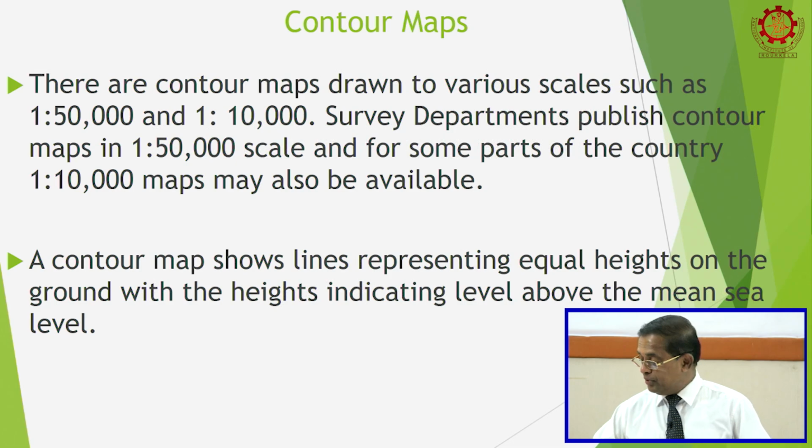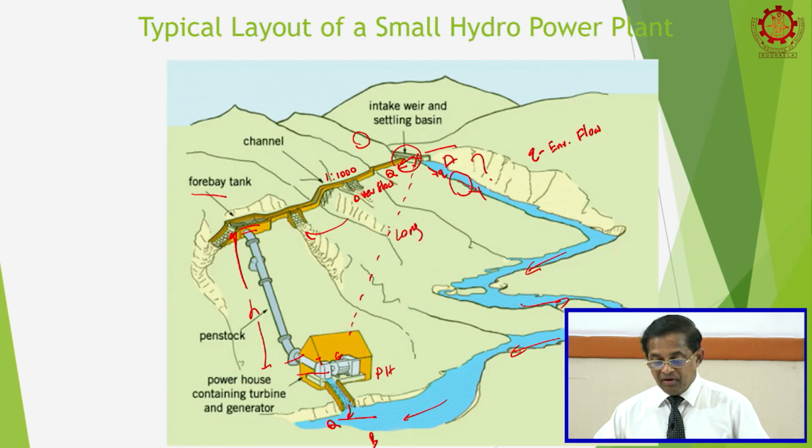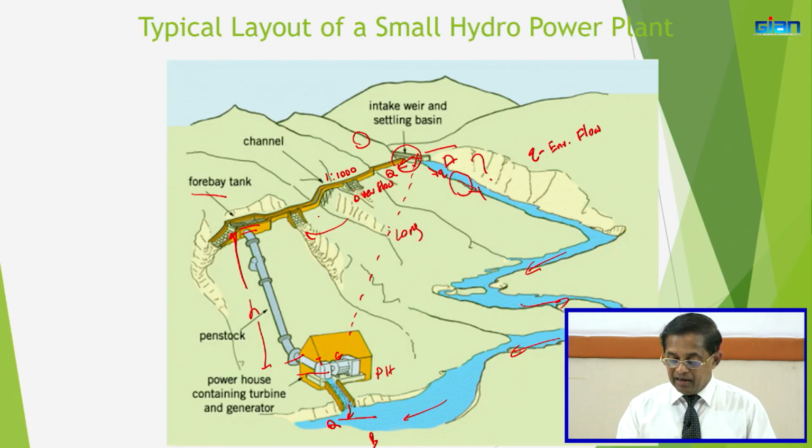And I forgot to tell you, in large hydropower projects, the counterpart of the canal in small hydropower projects is the tunnel. I am sure in large hydros you have heard about tunnels.